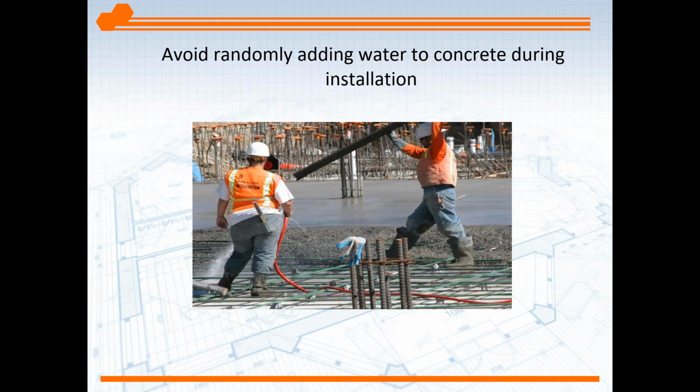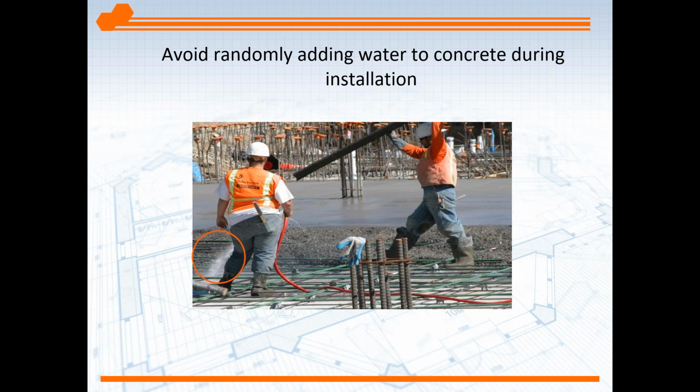Where the problem starts, even with a perfectly designed concrete, is once the concrete moves to the job site, you have a concrete contractor installing the product, and what that contractor should not do is randomly add water. Here we have what looks like a slab being placed on a vapor barrier. You've got lots of steel there, and the contractor is applying water to probably help that concrete move under, around, and through that rebar.